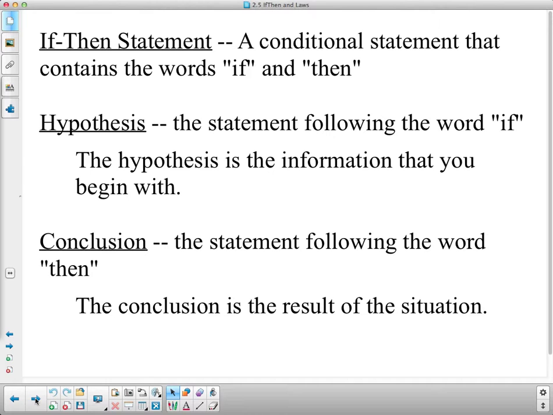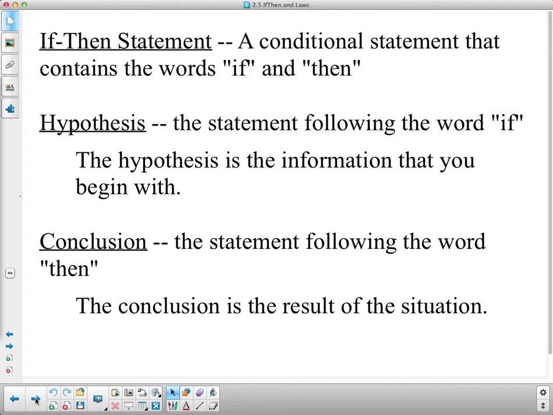What class have you heard the word hypothesis in besides this one? Science class. What's it mean in science? An educated guess. So that's kind of like saying what you think is going to happen as a result. Notice that that would really be what we call the conclusion.